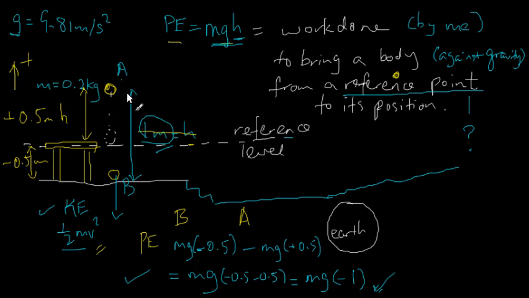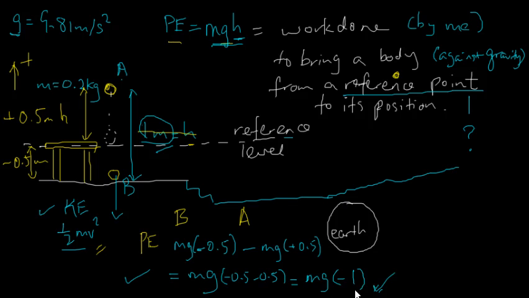If the ball falls from one level like A to another level, the change in potential energy that you will find will give you the same answer whether you choose the ground level to be the reference level, in which case you just do mgh to find the PE, or if you choose somewhere else like the tabletop as a reference level, in which case you have to calculate two different mgh with the two different h's, with plus 0.5 and minus 0.5, and then you have to subtract them.